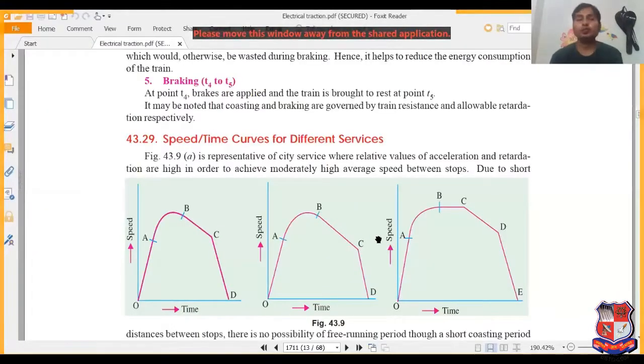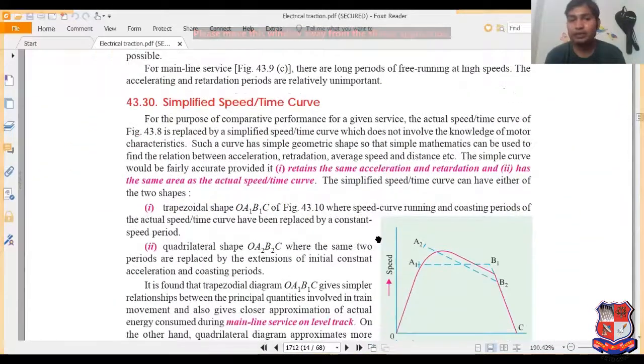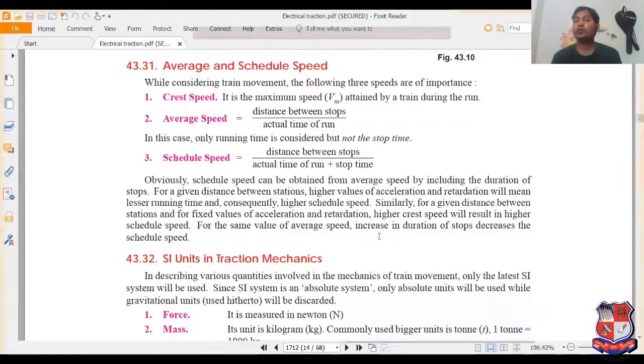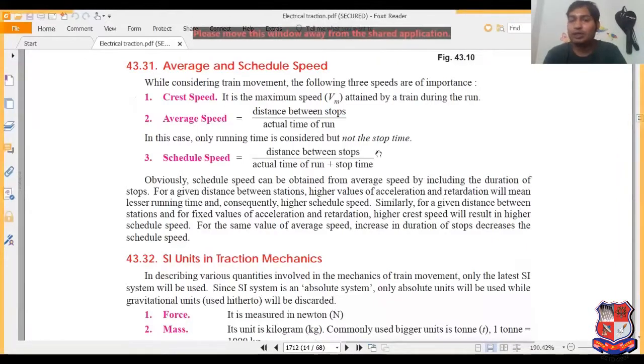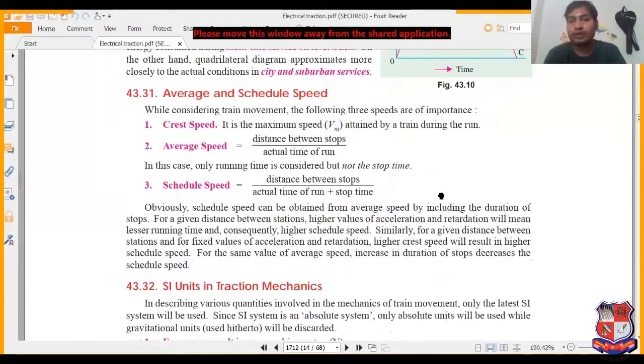Now let us discuss some terms related to the speed-time curve. The first most important term is crest speed. That is nothing but the maximum speed attained by the train during the run. So if we look at any graph, this may be the crest speed. Then average speed, as we know, is the distance between two stops over the actual time of run.